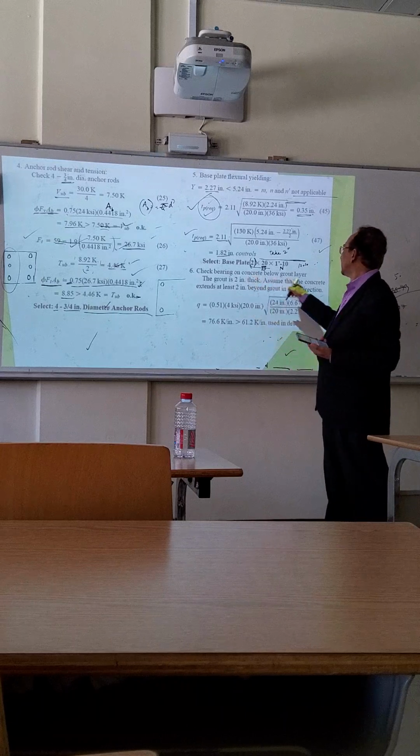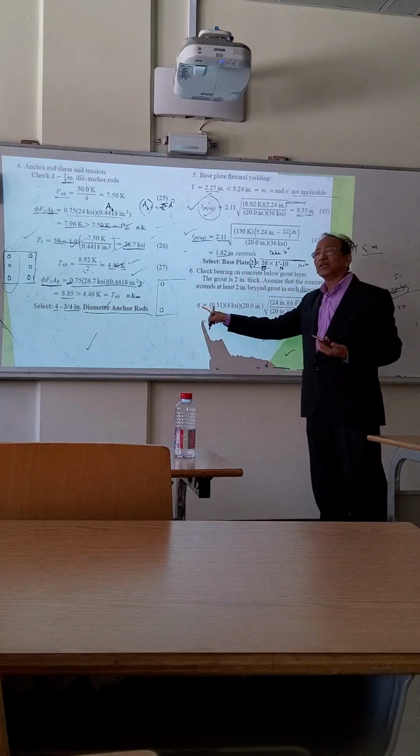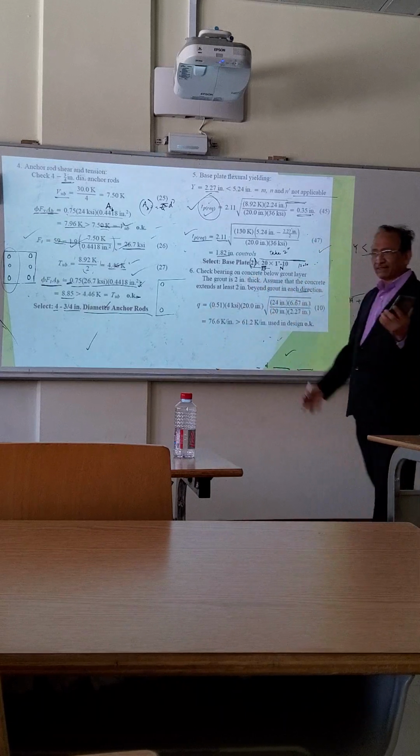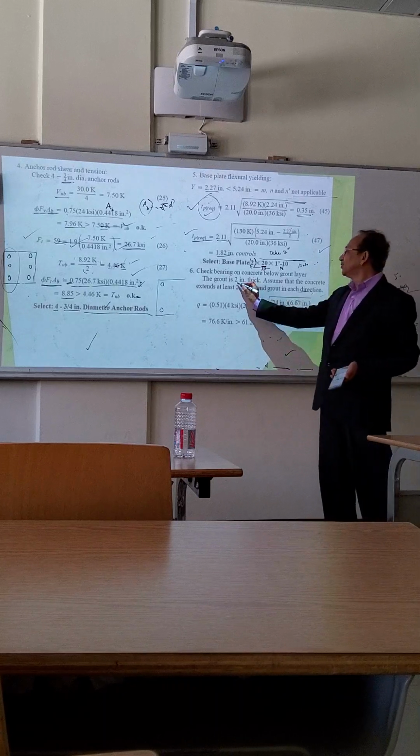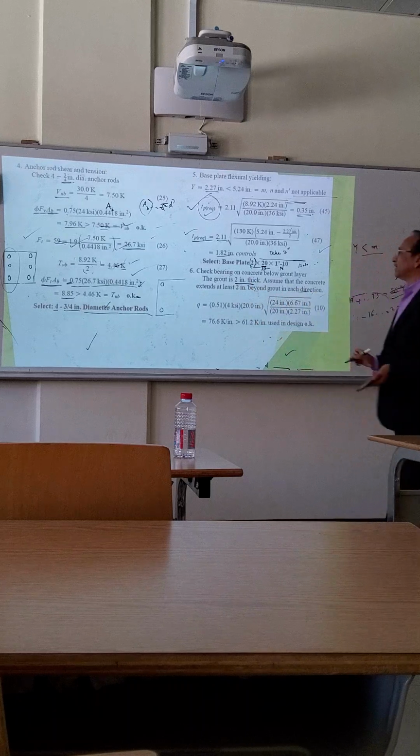Okay. Now the thickness is also finalized. Then we come to check bearing on concrete below grout level. It should not be more than the concrete capacity, otherwise the concrete will crack. The grout is 2 inch thick. Assume that the concrete extends at least 2 inch beyond the grout in each direction.